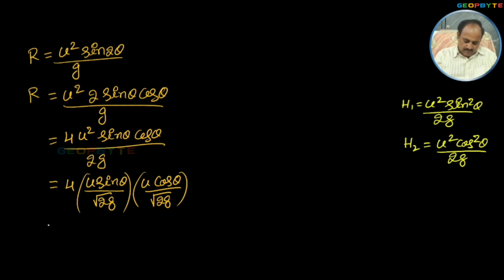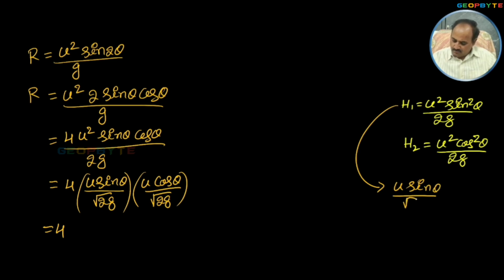Now, as you know, h1 equals u square sin square theta by 2g, so u sin theta by root 2g, whole square, equals h1.